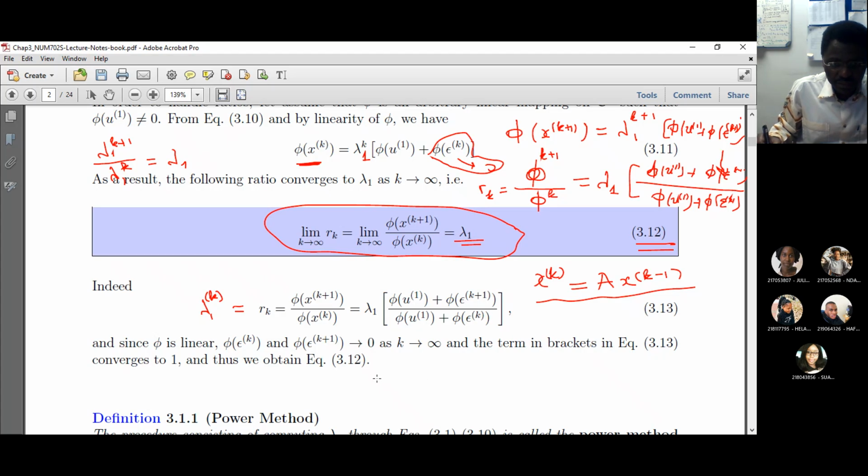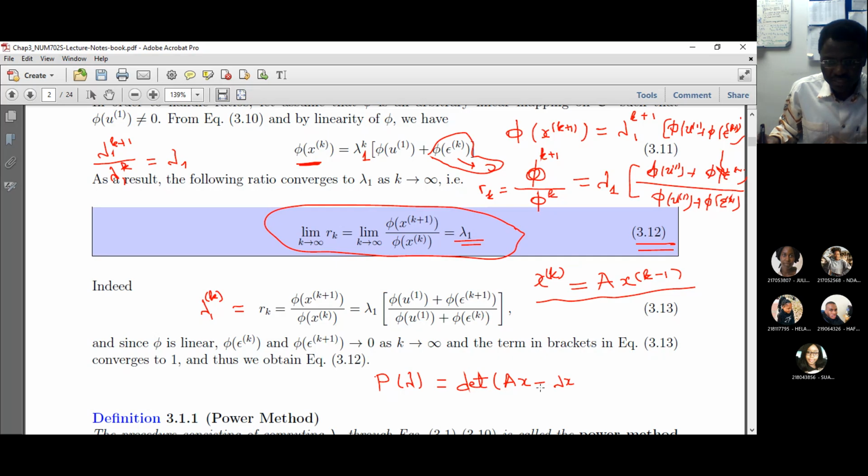If I call the characteristic polynomial P of lambda, right? It is the determinant of A minus lambda x.